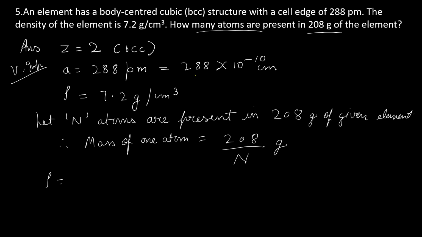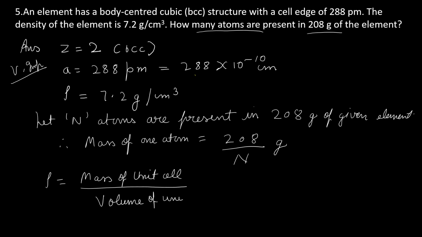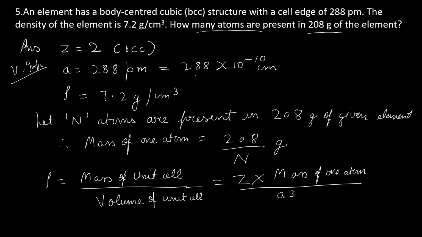Now you know density is equal to mass of unit cell upon volume of unit cell. Since a solid is always made up of the smallest portion, the unit cell, repeatedly placed over and again in all dimensions, whatever is the density of the unit cell, the same will be the density of the whole solid. So mass of unit cell will come out to be number of atoms contributed in a unit cell times mass of one atom, upon volume of unit cell, that is A cube.